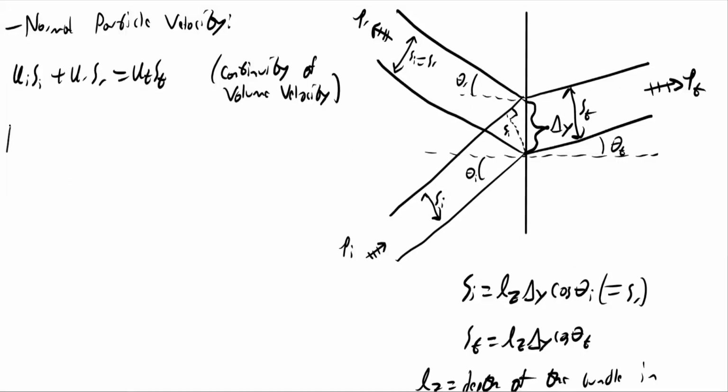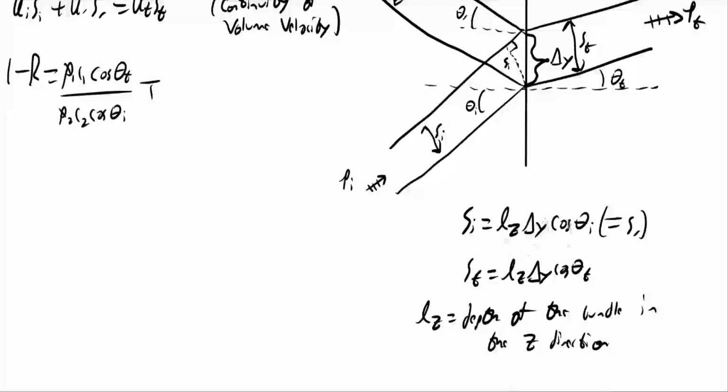Then we can see that 1 minus R equals rho 1 c1 cosine theta T over rho 2 c2 cosine theta I times T. Noting this here, SI and SR, this can be written as Z1 times cosine theta T over Z2 cosine theta I times T. So we haven't used over here.